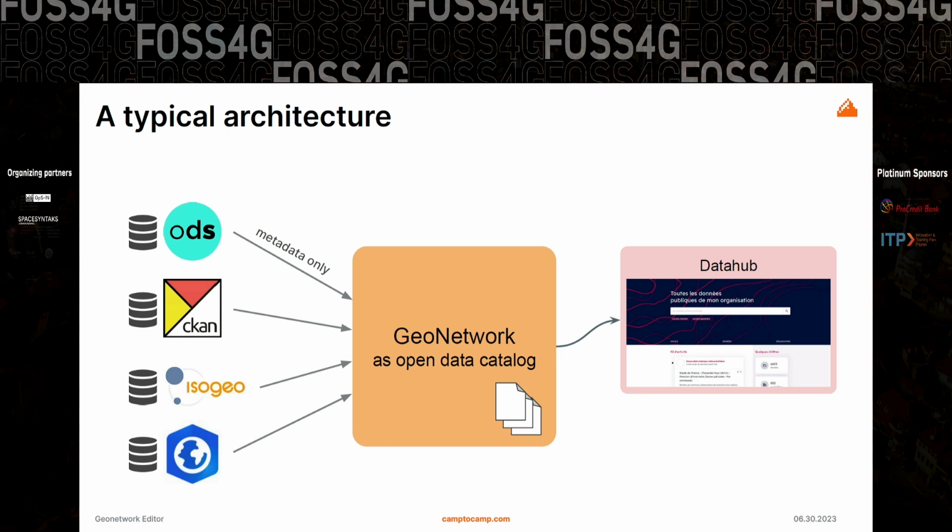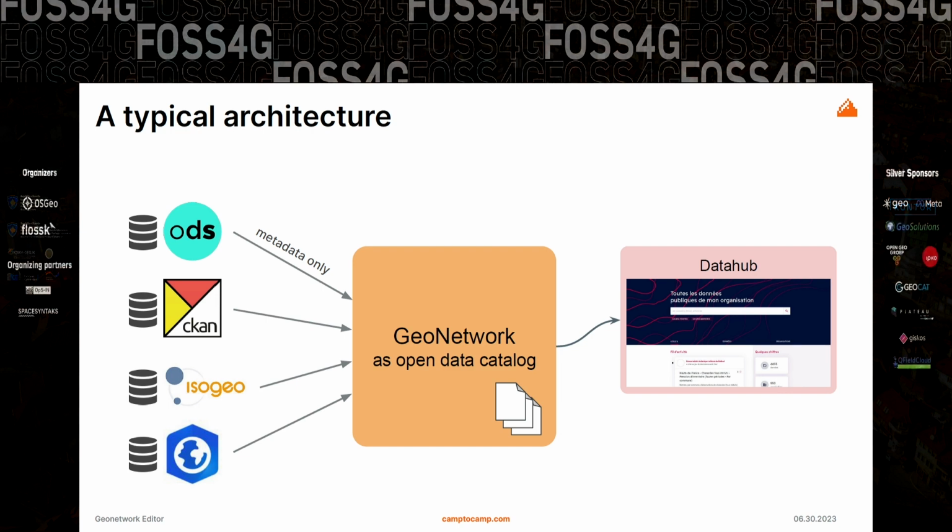Because many regions already have their datahub, and it gathers open data and geodata, but in the back end, usually we are able to harvest any kind of open data catalog. So usually we maintain geodata and we harvest open data catalogs from outside.